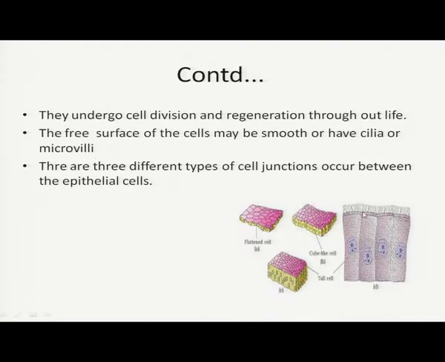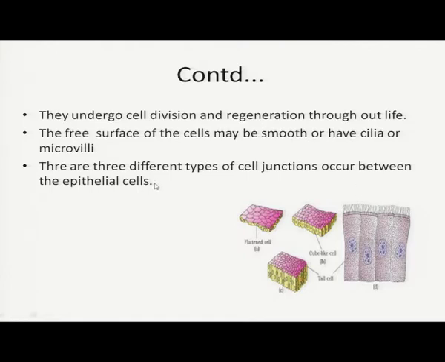Here in this one you can see the microvilli on the free surface of this epithelial tissue. So, it may have either a smooth free surface, or it may have cilia on its free surface, or microvilli on its free surface.